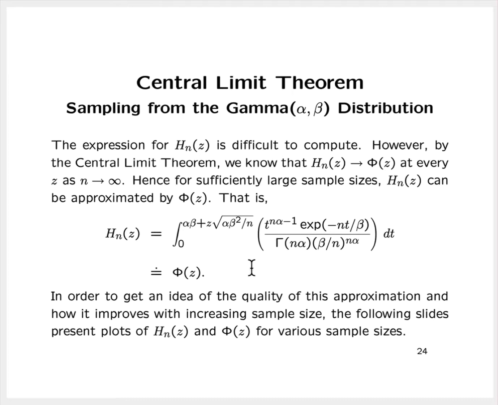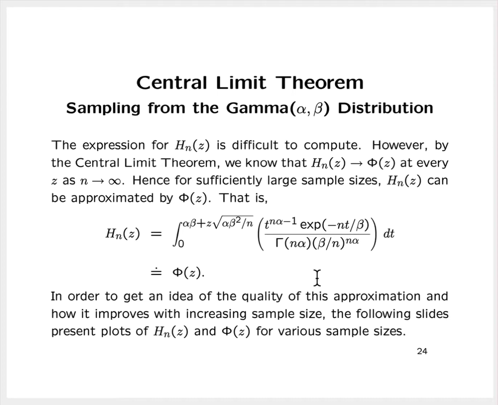This is kind of an amazing thing, because the integrand of the standard normal CDF does not look anything like the integrand in this integral. And yet the central limit theorem tells us that this complicated looking integral can be well approximated by the standard normal CDF evaluated at z.